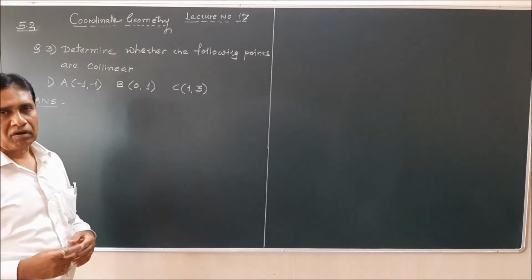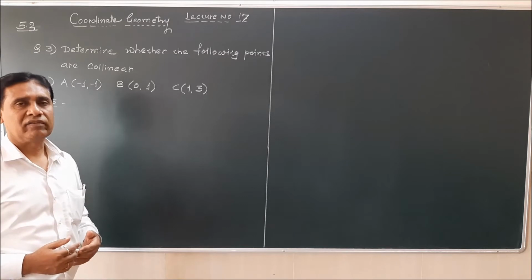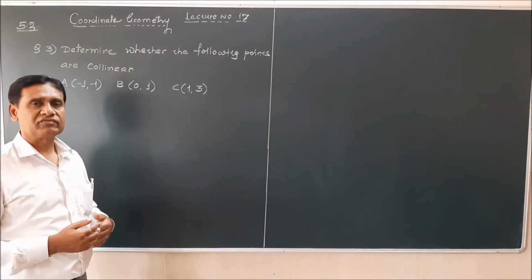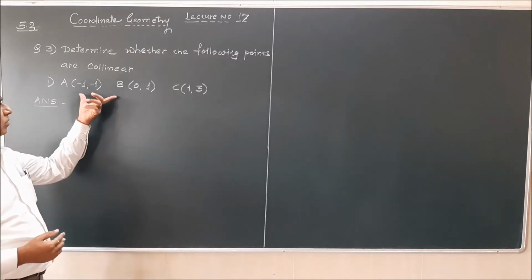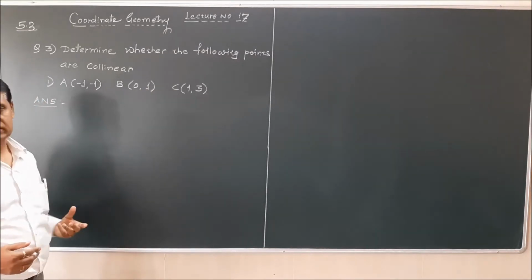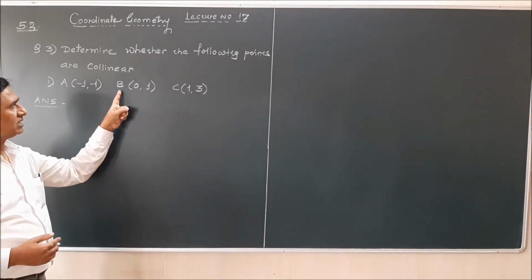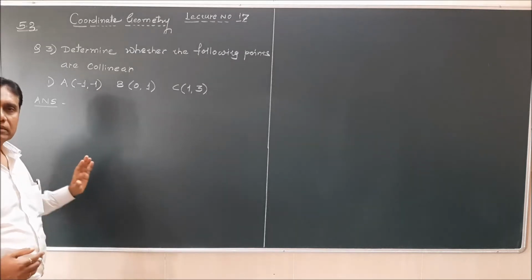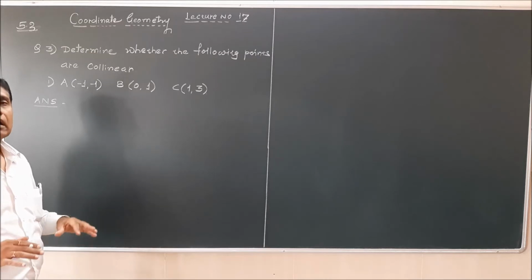We have already solved the sums of deciding whether given points are collinear or not by using distance formulas. Now this time we'll find out the slope of AB and slope of BC, and if slope of AB is equal to slope of BC, we'll say point B is common in AB and BC, and therefore they are collinear if their slopes are equal.